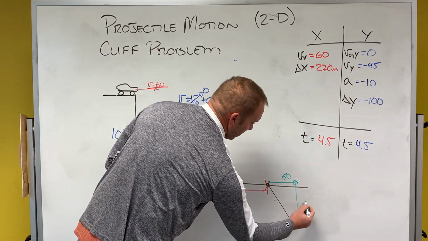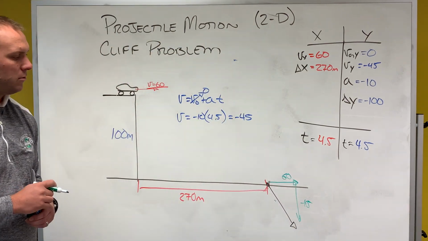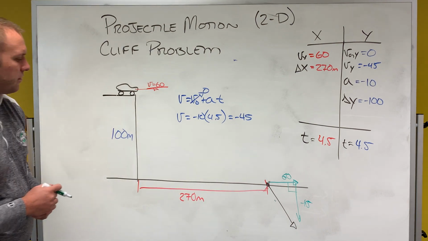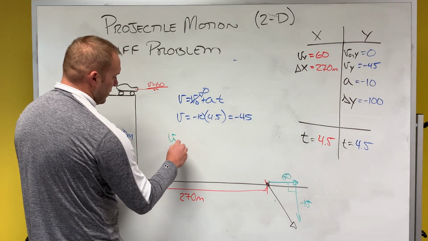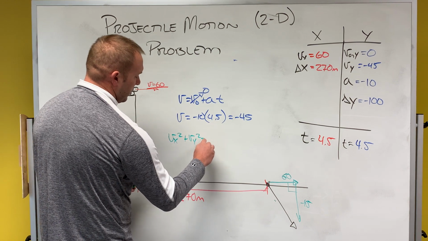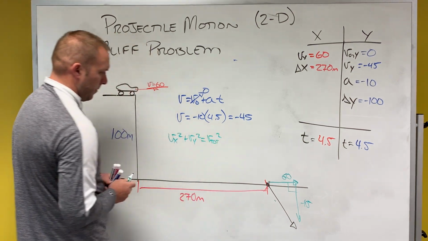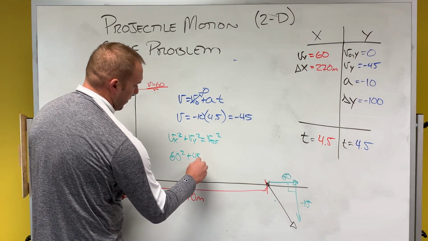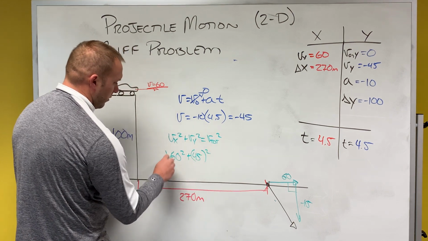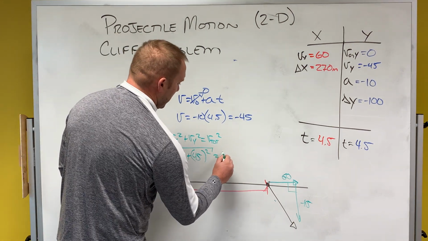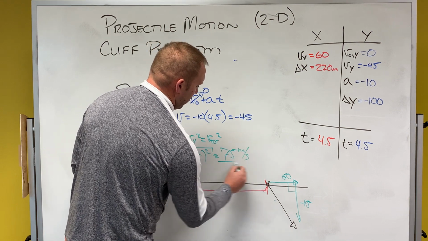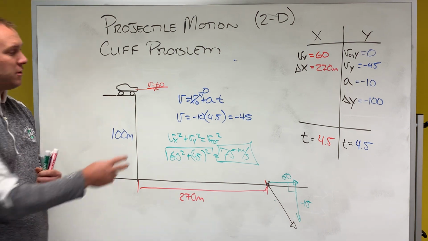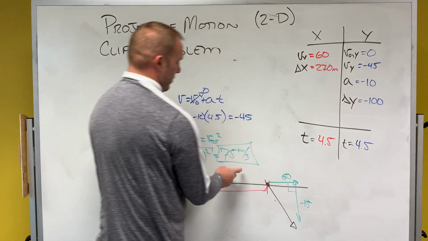I know that this is negative 45, not very well drawn to scale. But because it's vector addition, we have a velocity plus a velocity, I can do my Pythagorean theorem. And I can do velocity in the x squared plus velocity in the y squared equals my total velocity squared. So that's 60 squared plus 45 squared, square root that, which means I would hit the ground at a velocity of 75 meters per second. Okay? So I'm actually going to be traveling faster than 60, faster than the 45, right? At 75 meters per second.